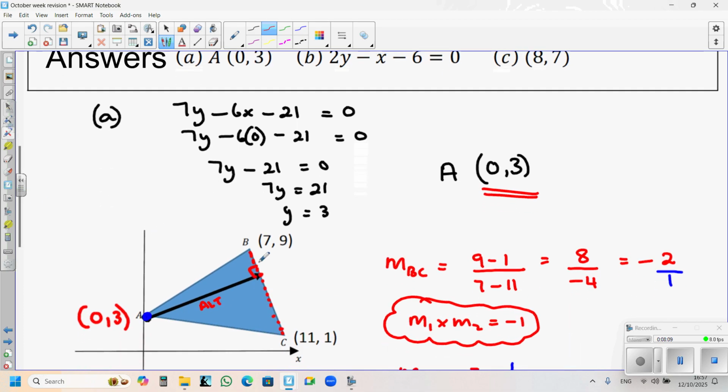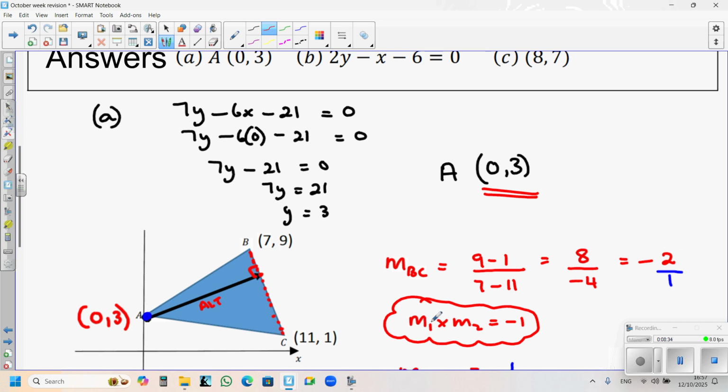There is BC, so the gradient is y2 minus y1 divided by x2 minus x1. So I've got 9 take away 1 divided by 7 take away 11. That works out to be 8 divided by -4. That gives us -2. Now I'm going to flip that gradient. So remember every number is -2 or whatever it is over 1.